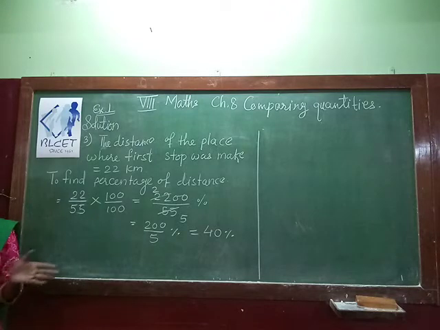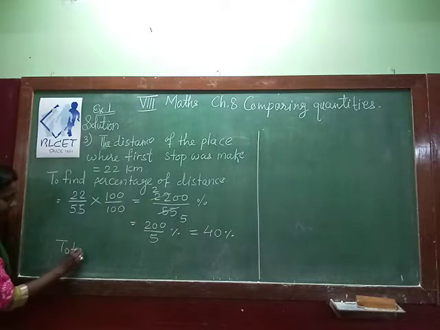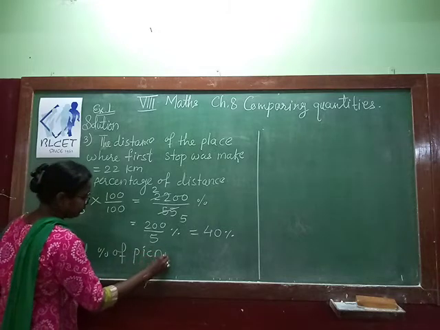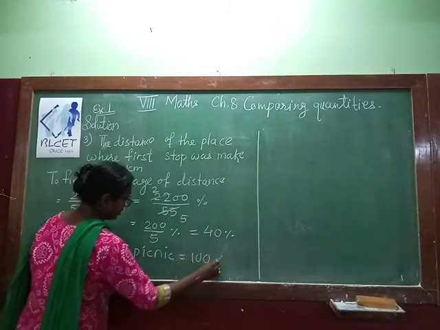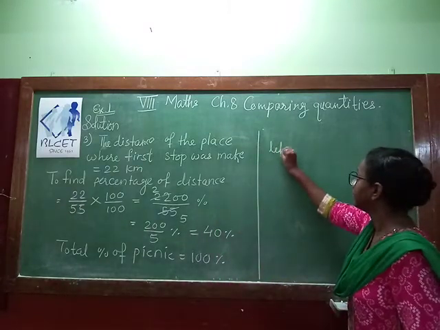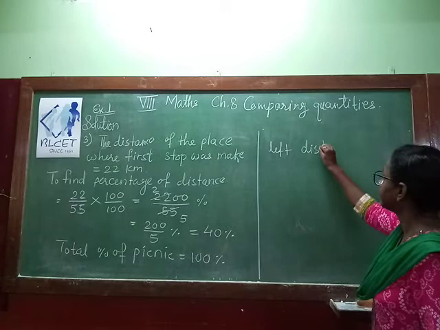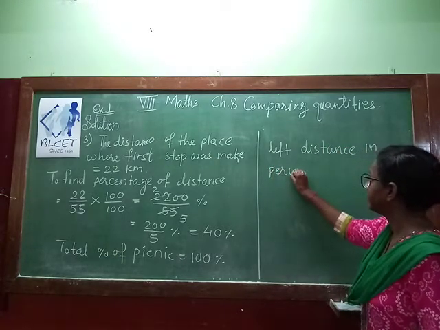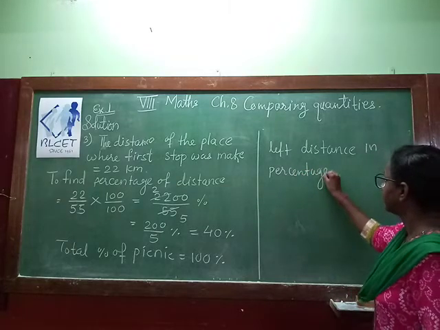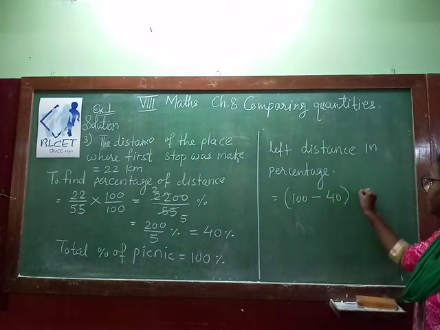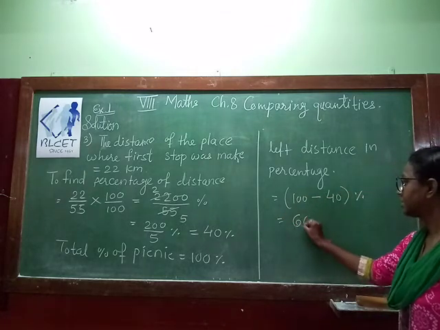Now what percent of the distance is left? So the total percentage of the picnic journey is equal to 100%. Out of that, 40% is already covered. So the left distance in percentage is equal to 100% minus 40%, which is equal to 60%.